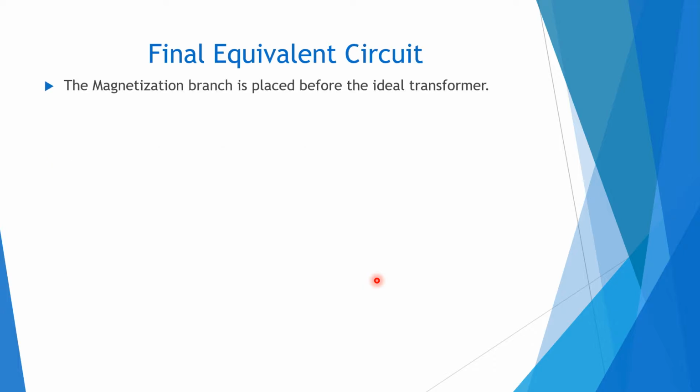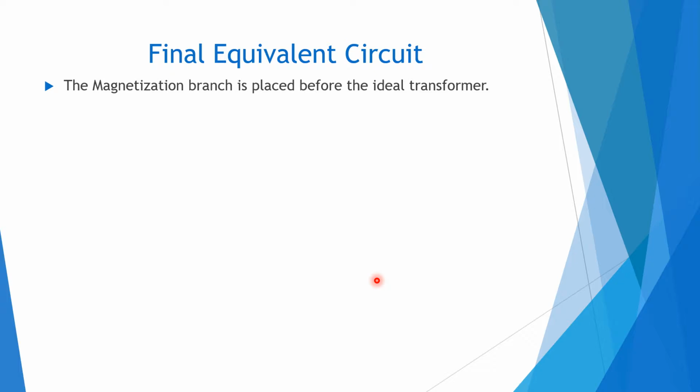So for the final equivalent circuit, we place this magnetization branch as a diverter before the rest of the current goes into an ideal transformer. So what we have done is we took the real transformer and first of all we snapped out the self-inductances, we snapped out the resistances. Now we are left with a transformer that does not have any leakage but it still needs magnetization.